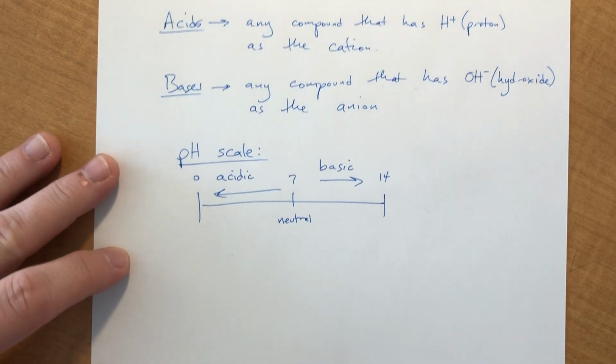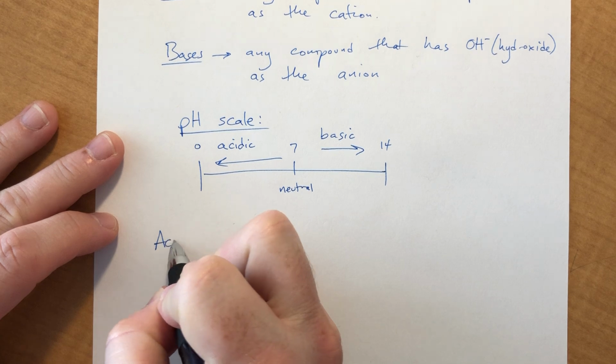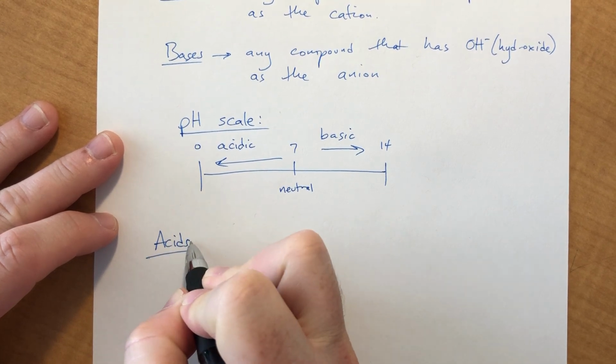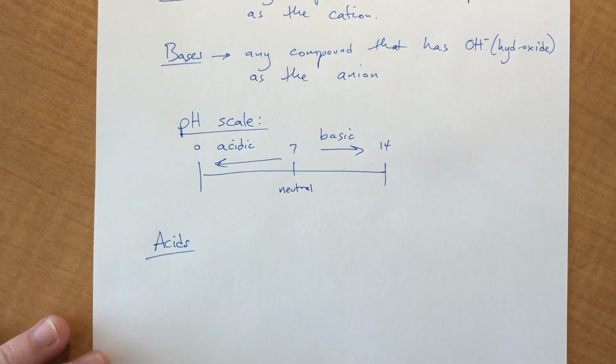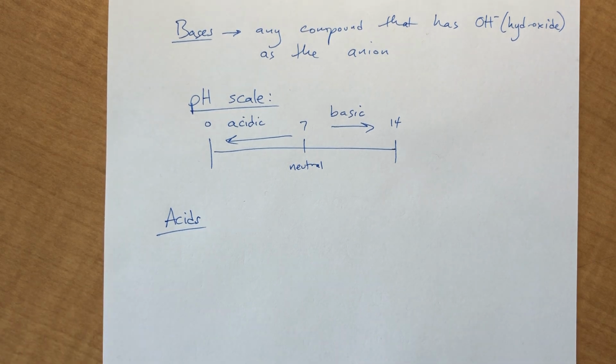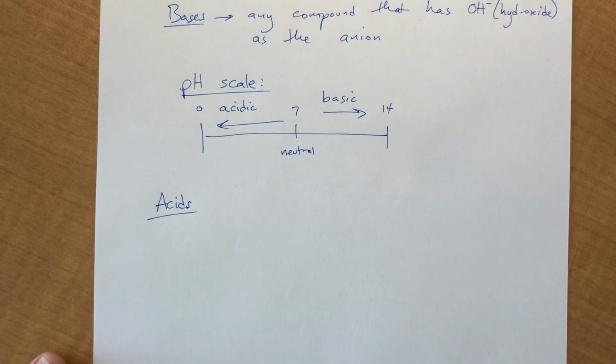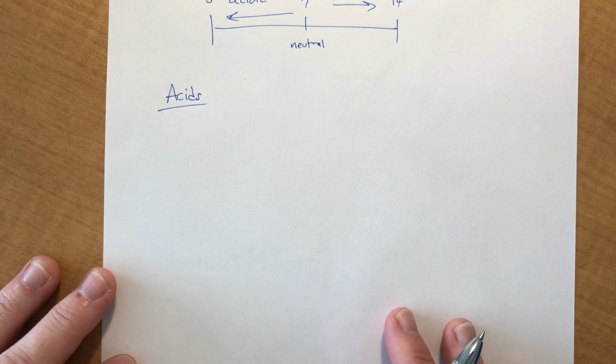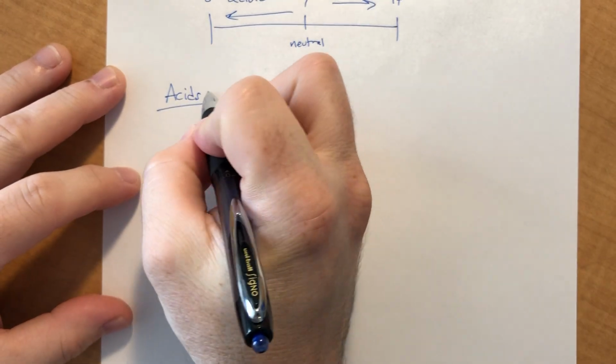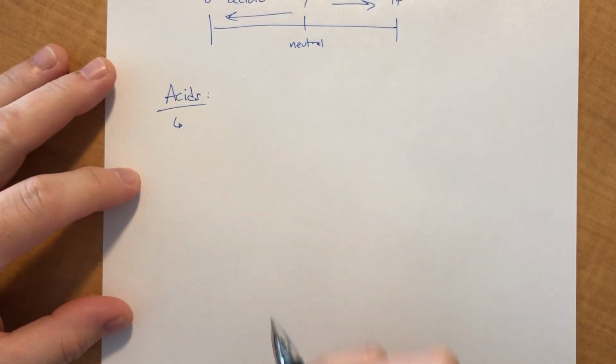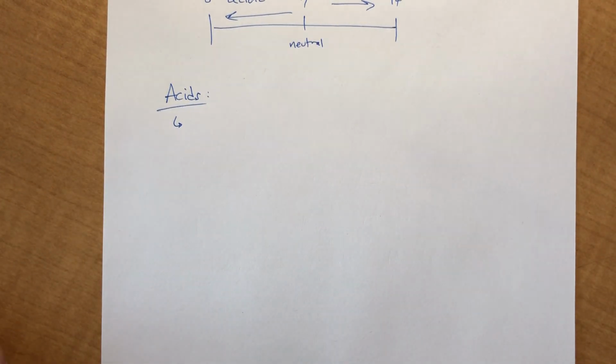Okay. So in terms of naming acids, there is a naming scheme. There is a set of rules on how to do this. It's almost easier just to give you the names of the most common acids and just have you memorize them. I know I hate asking you to memorize a bunch of stuff, but it's almost easier to do so in this case.